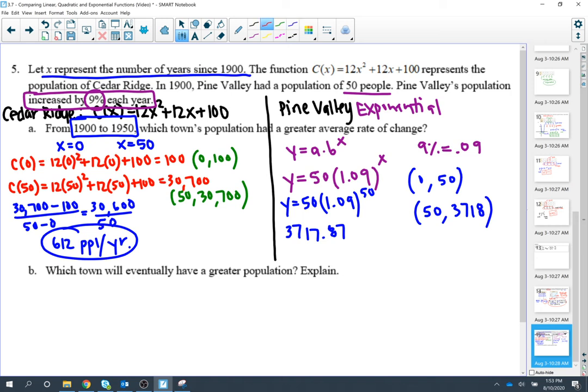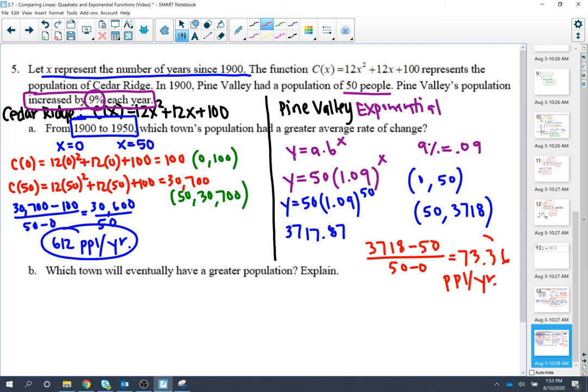So average rate of change. Change in y, 3,718 minus 50 over 50 minus 0. I'm going to use my calculator. 3,718 minus 50 and then divided by 50 is going to give me 73.36. And again, we're not going to have 0.36 of a person, but people per year.